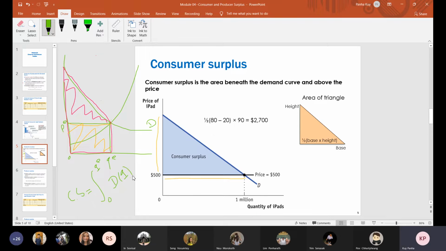We take q as the variable, and then dq. Okay, integral of the function of this one. And then you need to minus this area. This area is the rectangle, so minus the surface of the rectangle, which is PE times QE.